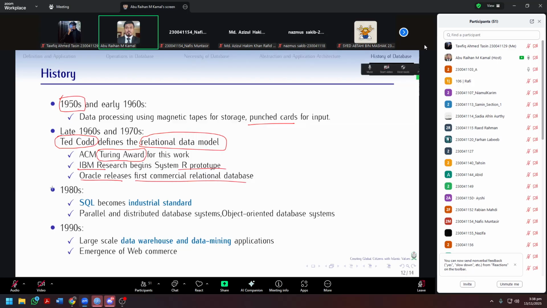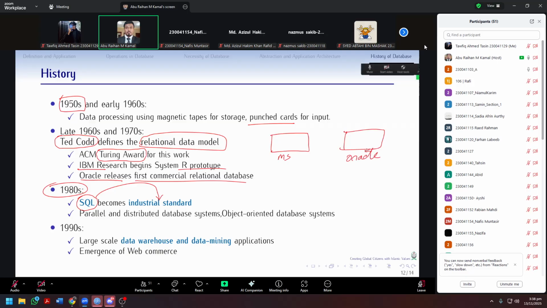After that, in the 80s, we have some updates. The important update is that they standardized SQL, structured query language. It becomes an industry standard. Why do you need the industry standard? Because you develop one application in MS SQL Server, another one in Oracle.